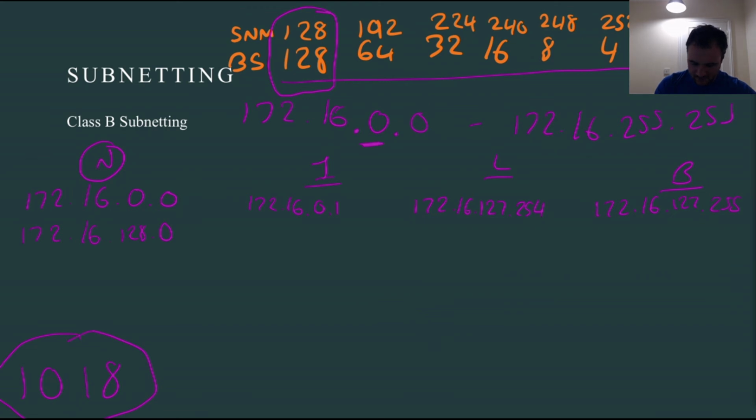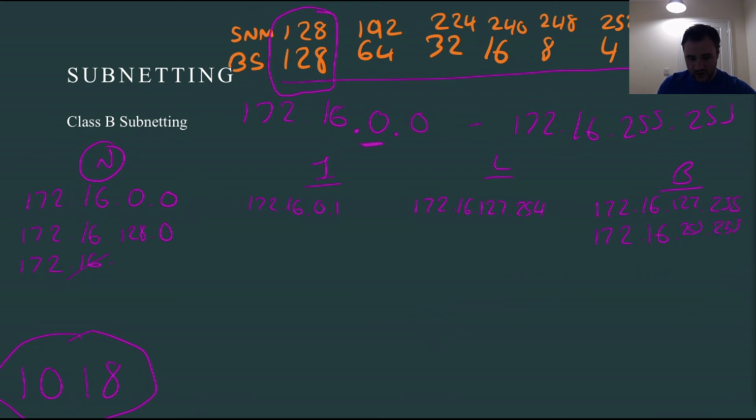Okay. So we work out the next one. What's our next network? 16.128 add 128 is, oh, we can't do it, can we? Because if we were to add 128 on there, that would turn into 17. And at the minute, that is the network portion, so we can't do it. So maximum value here isn't going to be this, it's going to be written here. 172.16.255.255.